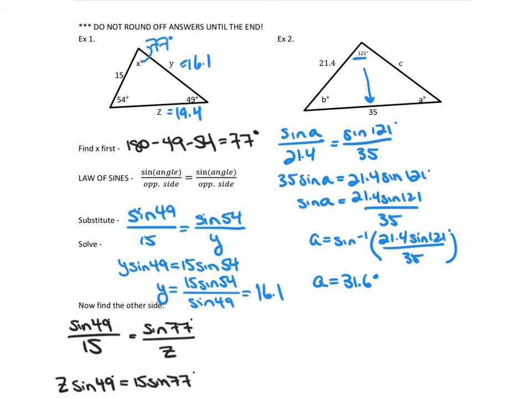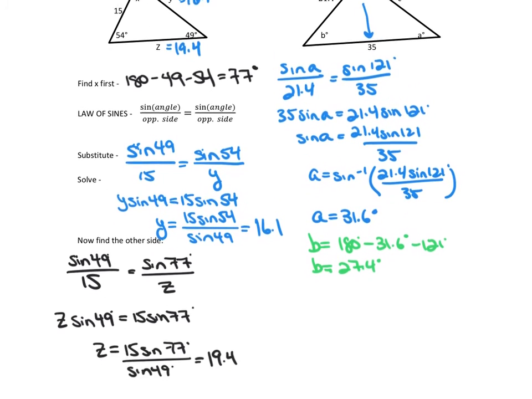To find B, we can say that B is equal to 180 degrees minus the 31.6 that we found, minus the 121 degrees that we were already given. So B is equal to 27.4 degrees.